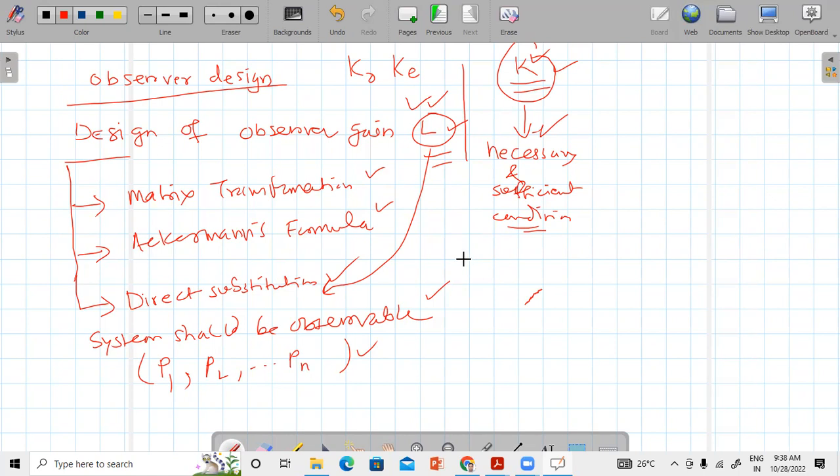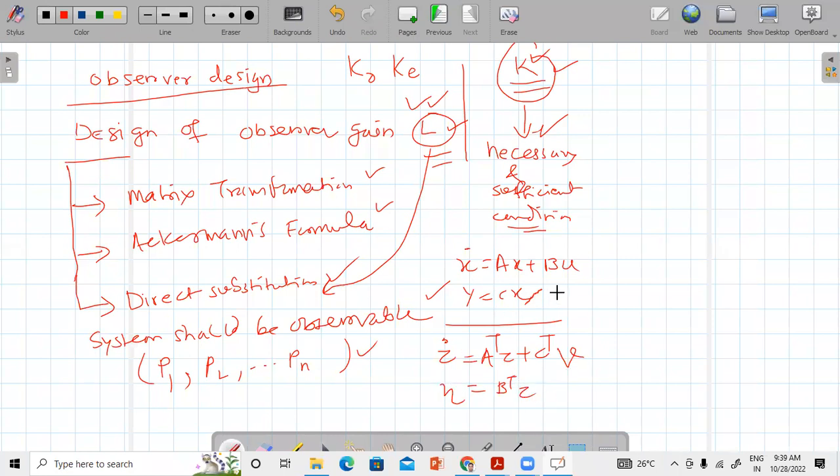आता मी तुम्हाला मागे पण सांगितलं होतं की principle of duality. x dot is equal to ax plus bu, y is equal to cx. If I want to write a dual system of this, then it will be z dot is equal to a transpose z plus c transpose, इथे काय येईल u. आता u च्या ऐवजी आपण त्याला काय म्हणू, v म्हणू. v and eta is equal to b transpose z.